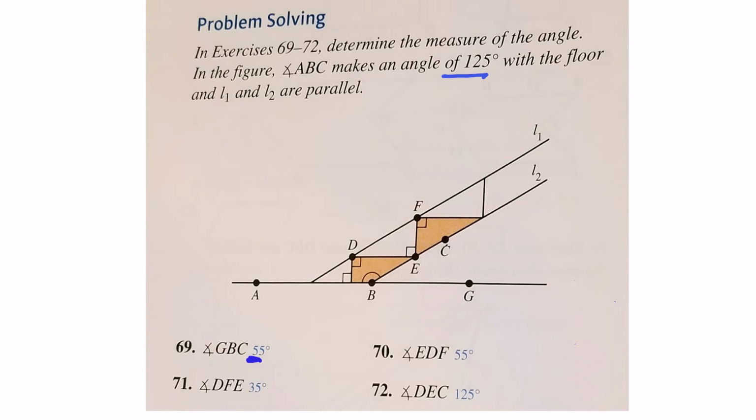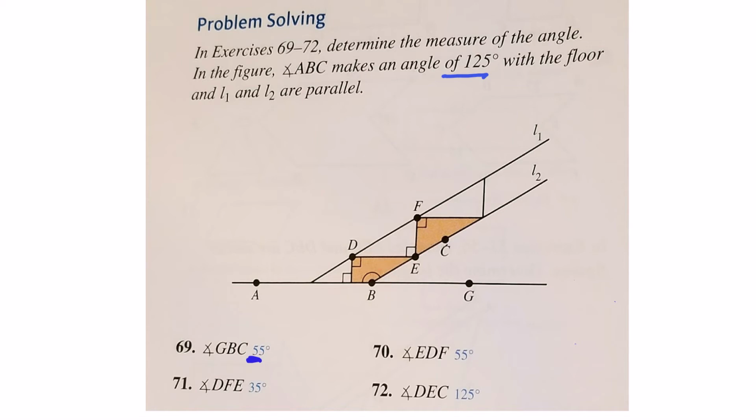Now we need to look at some angles that are going to have that same width. So if I know this one is 55, let's look at the few triangles we have here, which also is going to be helpful for us.